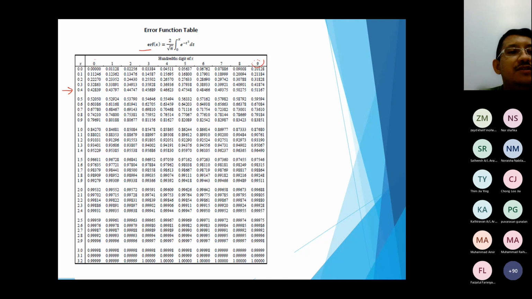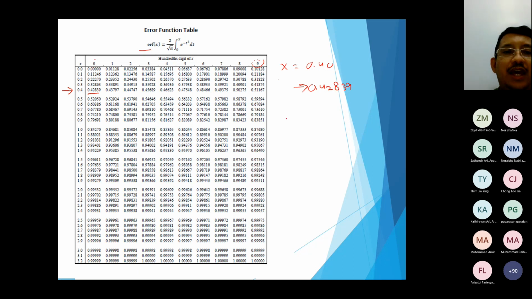So if X is equal to 0.40, the output is 0.42839. The error function at the output is going to be 0.42839.